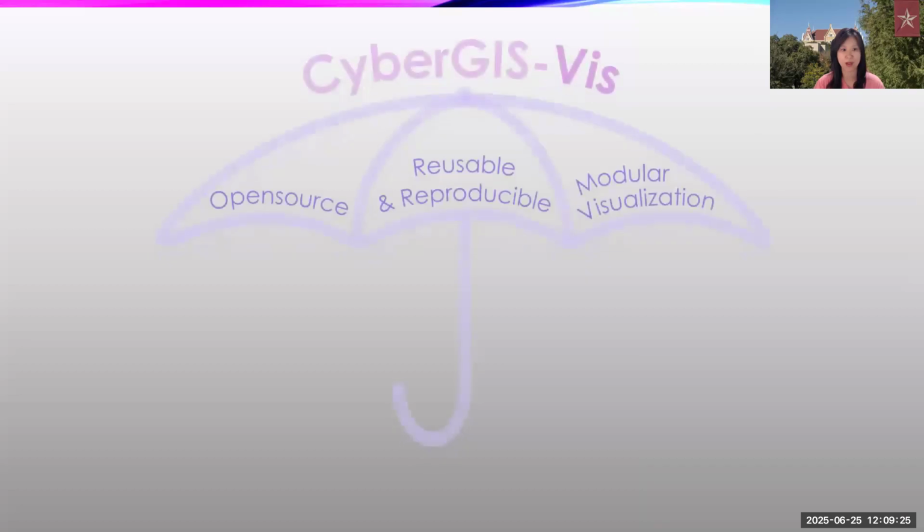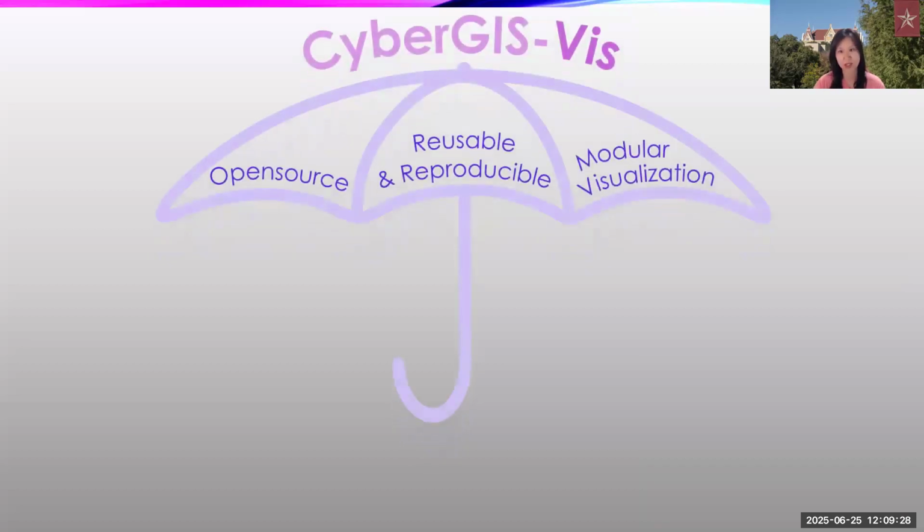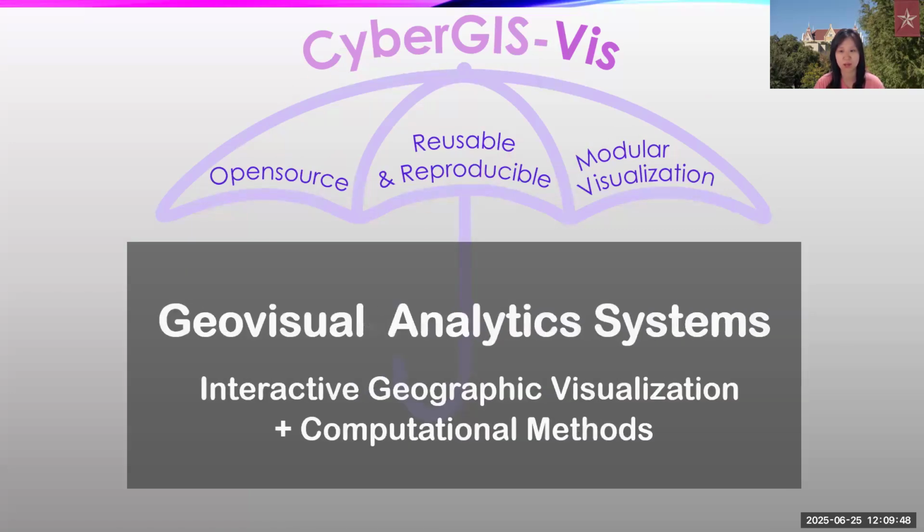Okay, so let me talk about the CyberGIS-Vis project. Basically, CyberGIS-Vis provides reusable, reproducible, modular visualization modules, which are made of open source JavaScript or Python libraries. I would say CyberGIS-Vis is an umbrella project of the visual analytics systems that I have been developing, so they are applications of CyberGIS-Vis.